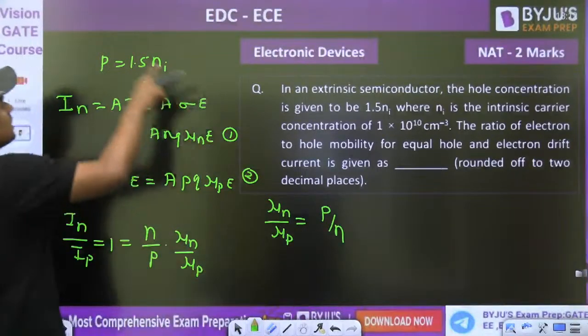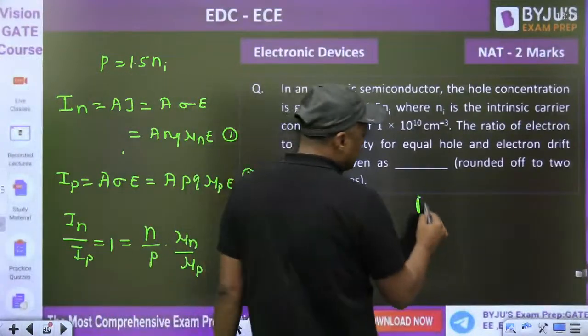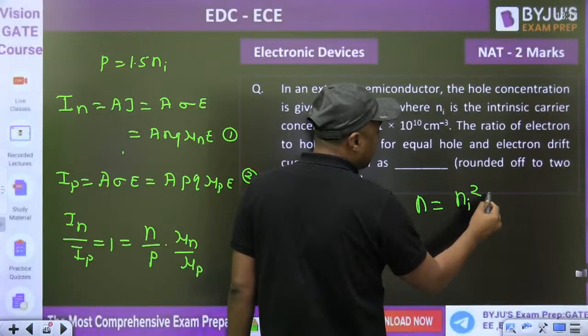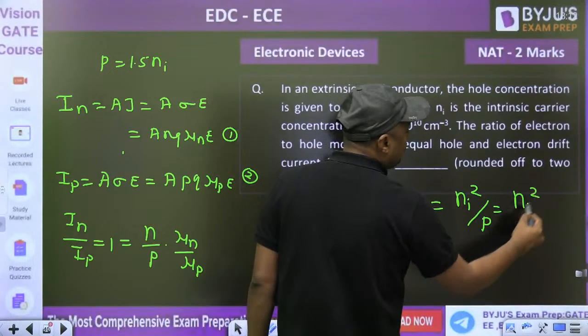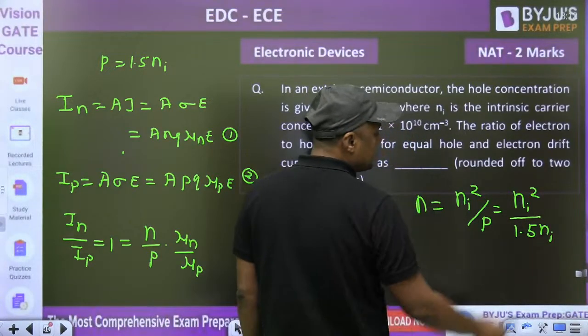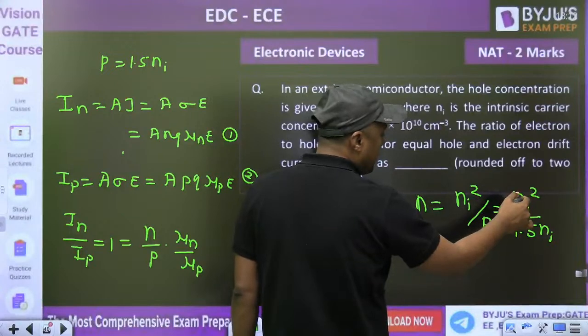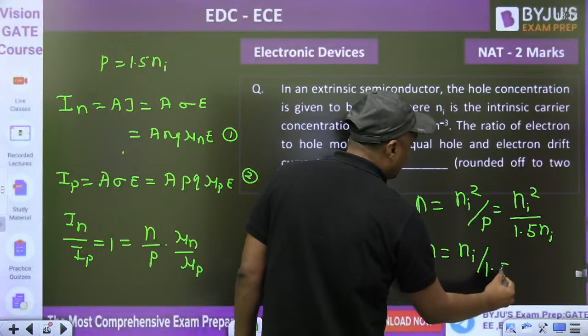Now, what is the concentration of holes? 1.5 Ni. So what is the concentration of electrons according to the mass action law? Ni square by p, so it becomes Ni square by 1.5 Ni. Ni cancels, and this becomes Ni upon 1.5.